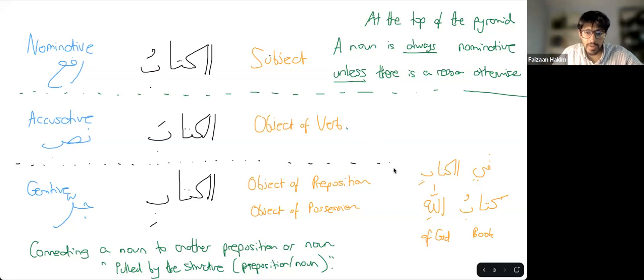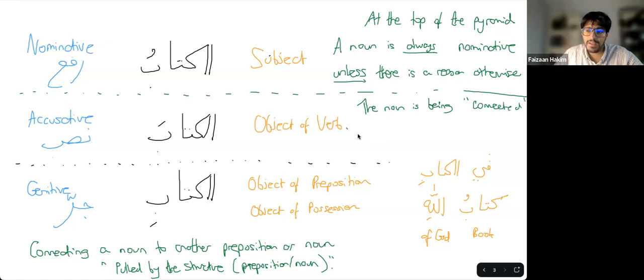The object of a verb. The noun is being, what's another nice way to say put up, set up? I have no idea. Let's just say is being connected.